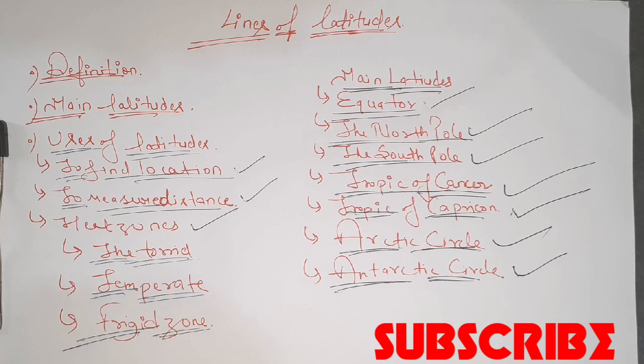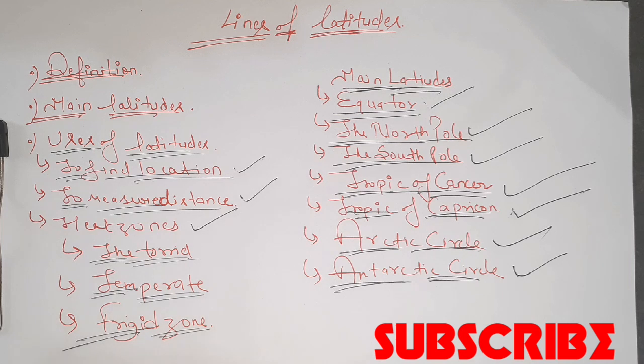They are located on either side, one on the northern side and the other on the southern side. In the northern side, that is 23.5 degree north to 66.5 degree north, the upper side. And in the southern side, the southern temperate zone, that is 23.5 degree south to 66.5 degree south, below the equator.